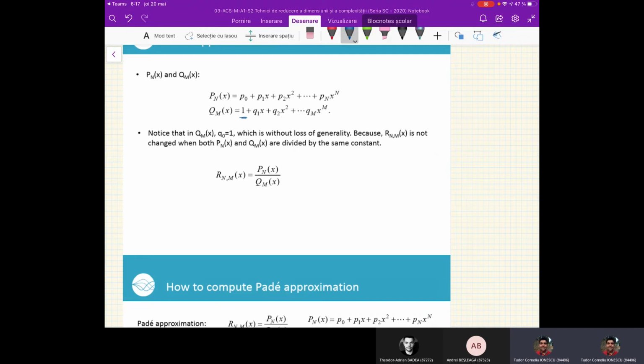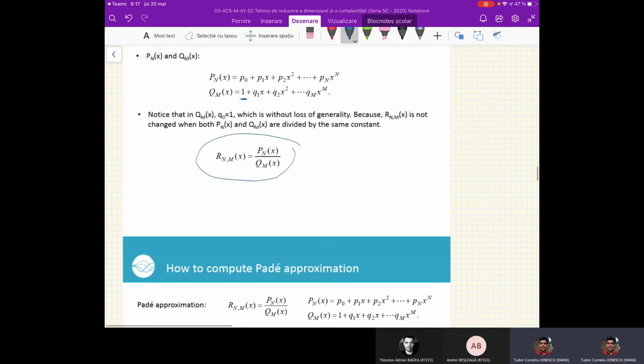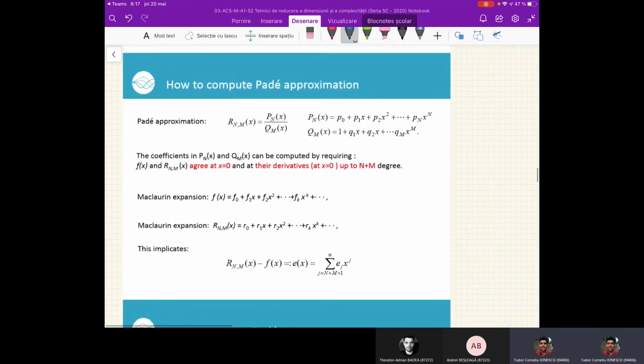And you can write this rational function to approximate your given function. How do you build a Padé approximation? You can add this Padé approximation as a new method of approximating dynamical systems characterized by rational transfer functions.